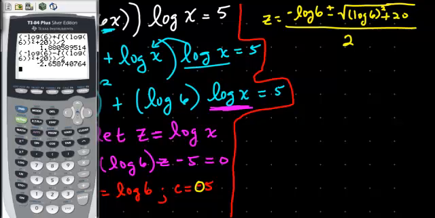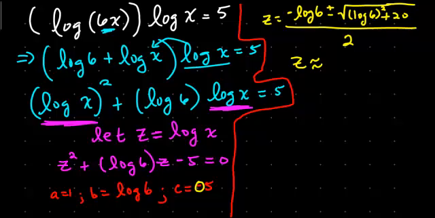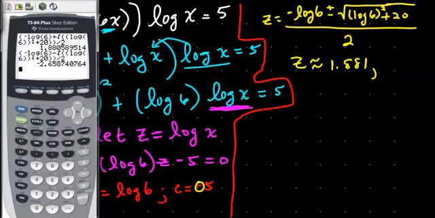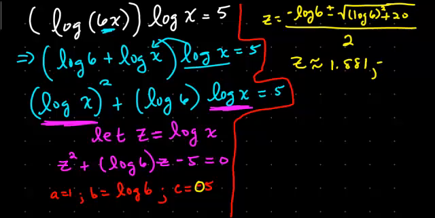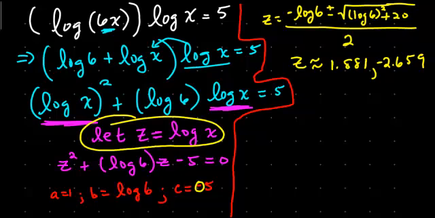And so we get that z is approximately 1.881, and z is approximately negative 2.659.